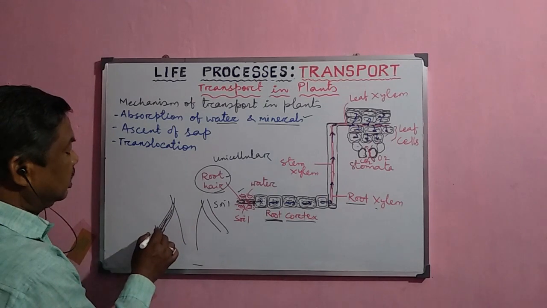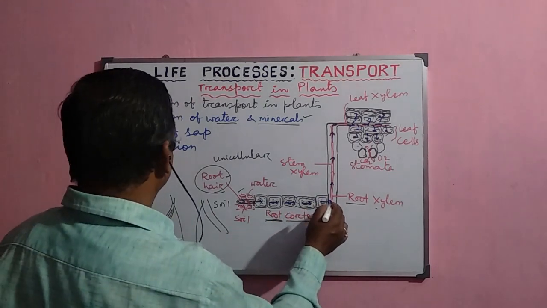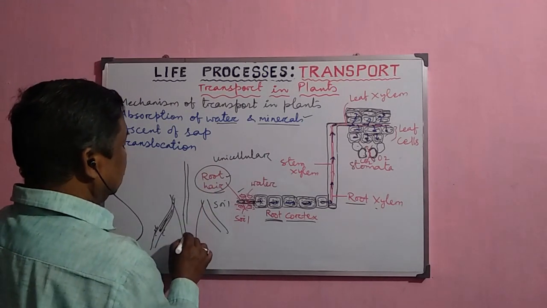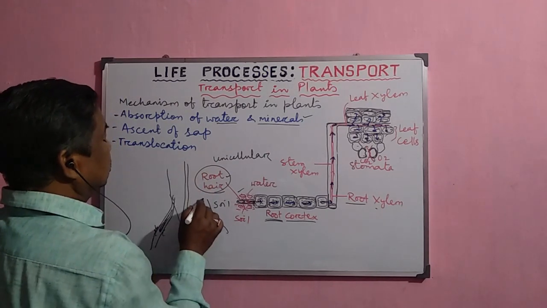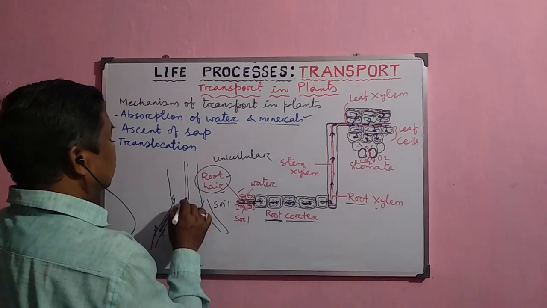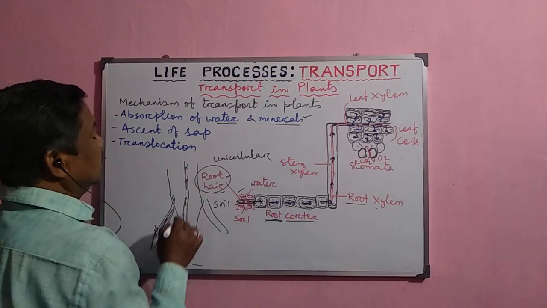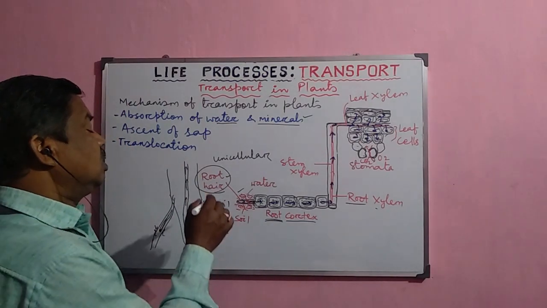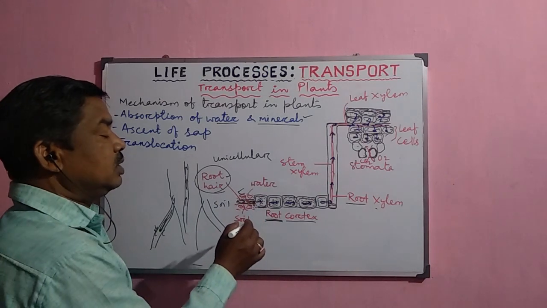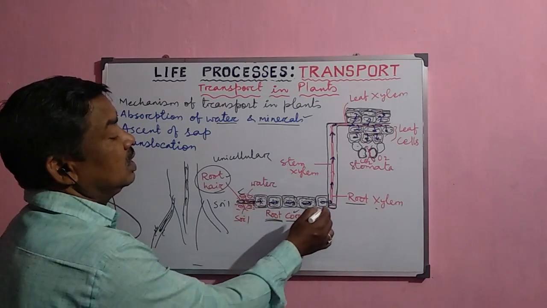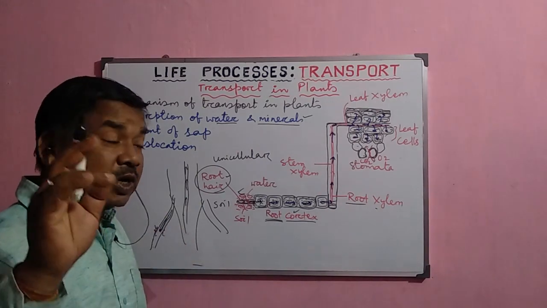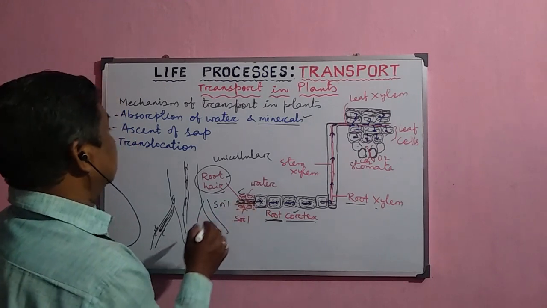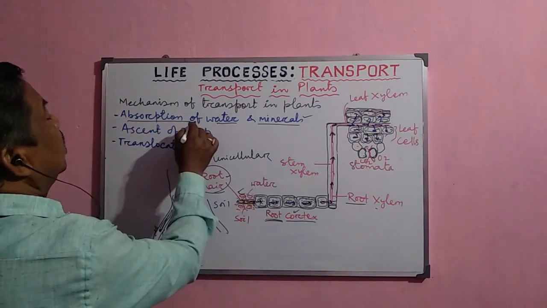So after entering into the xylem, this is the xylem, and from this xylem to the main xylem of the root, suppose this is the root part, and from the xylem it moves in the upward direction. So the first phase is the entry of the water from the soil into the epidermal cell and to the cortex cell and then to the xylem, which is present in the stellar region. And this process is called absorption of water.